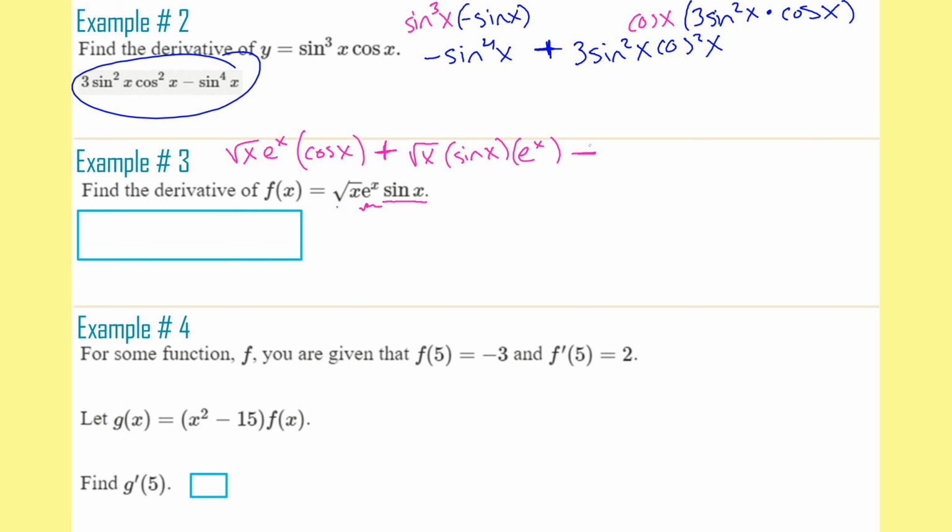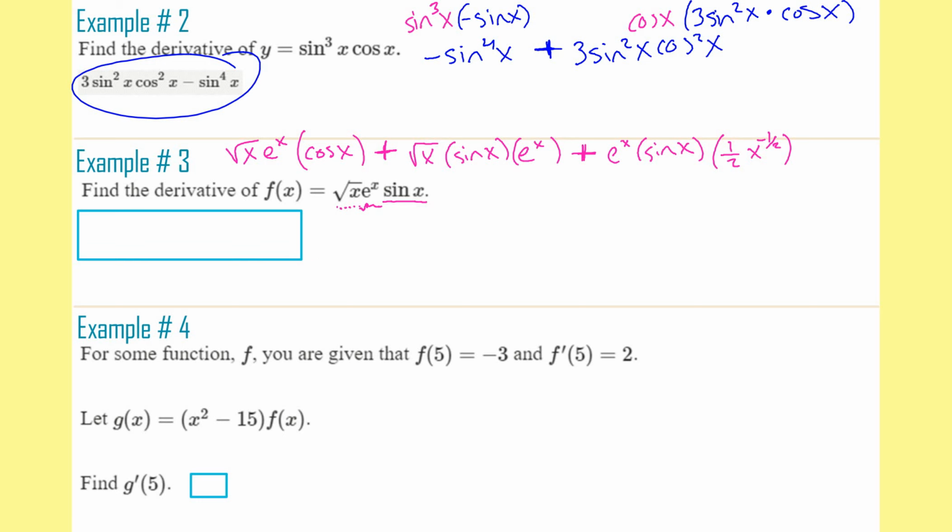Then you're going to leave the second and third one alone and take the derivative of the last one. I guess I should have done dots. So the square root of x: the derivative of square root of x is just 1/2 x to the negative 1/2. I know it's super gross, but this is what it is.